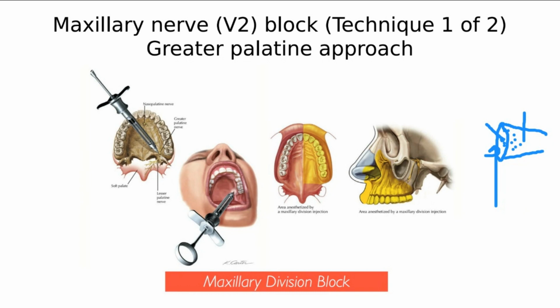If you have the skull, here is what I'm going to ask you to do, just to imagine what we are talking about. Get the skull if you have access to it somehow, get a very tiny wire, or something that's very tiny, and put it through the greater palatine foramen and push in, while your eyes are on the pterygomaxillary fissure.